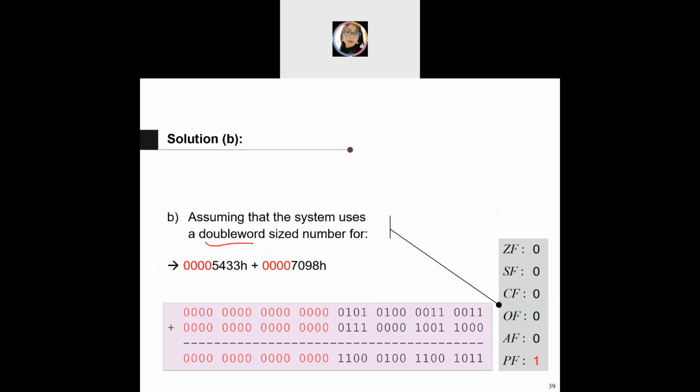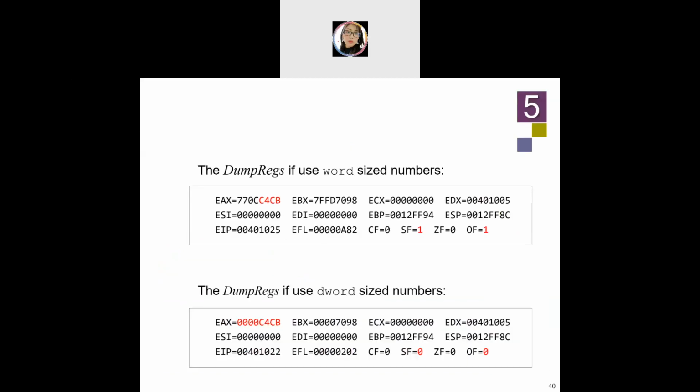You're going to get a different one. Try to do it and test whether you get a similar result or not. So here is word size, here is double word size. So you see whether you get a similar answer or not. This is the only thing that affects it, and also the red color depends on the size.